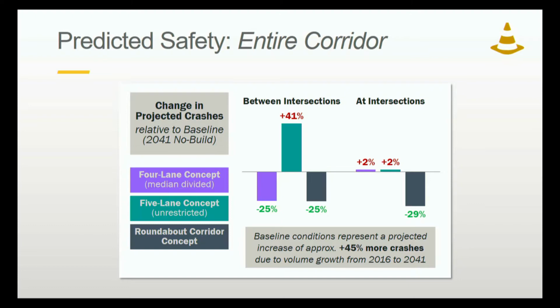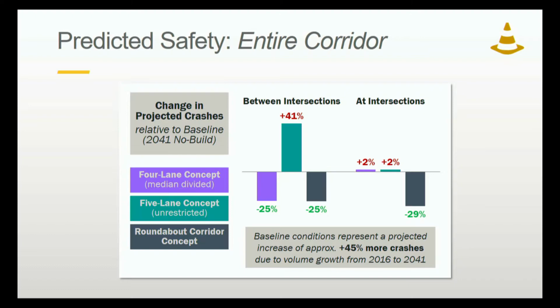What we're doing here is we're comparing a baseline level, and our baseline was the no build conditions. So this starting point is with the volume growth baked in, and that volume growth actually resulted in about 45% more crashes just from volume growth alone based on the predicted crashes. And so when we look at the different build alternatives, on the left side between intersections, we see two of the concepts perform better and see an overall reduction in crashes.